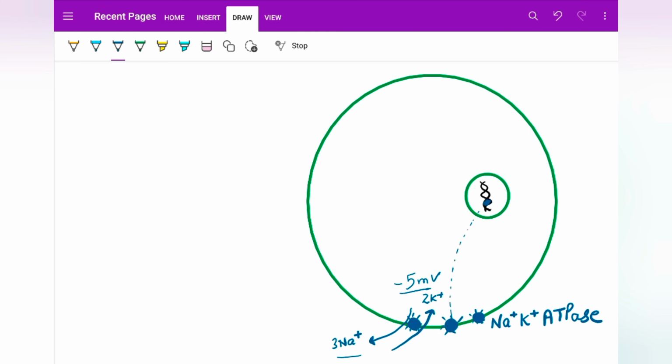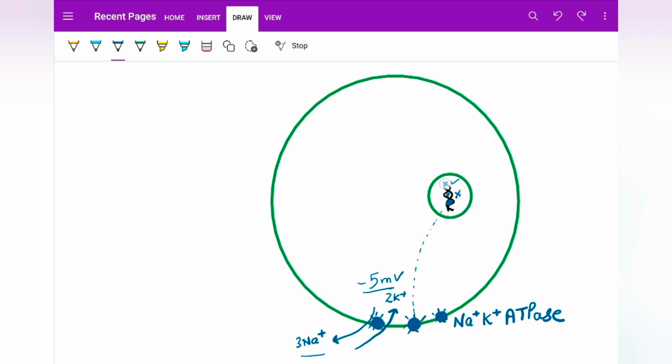All these things are common in both the cells, but the thing which is different is, as I said, that the cell membrane of this second hypothetical cell is only permeable for sodium. It is not permeable for potassium. Why so? Because the gene which is responsible for making channels for potassium is not working. Only the gene which is responsible for making sodium channels is on, and this one is off by chance.